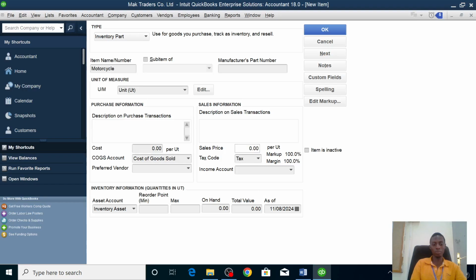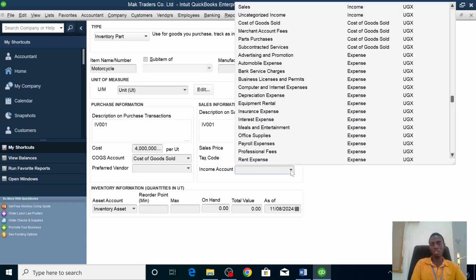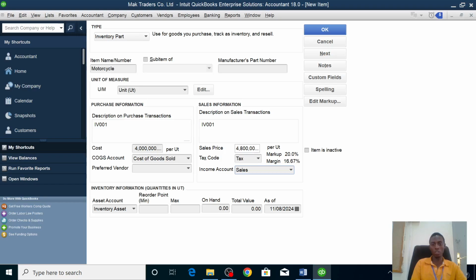Description is IV 001. The cost is 4 million. Selling 400,000. Income account, sales.